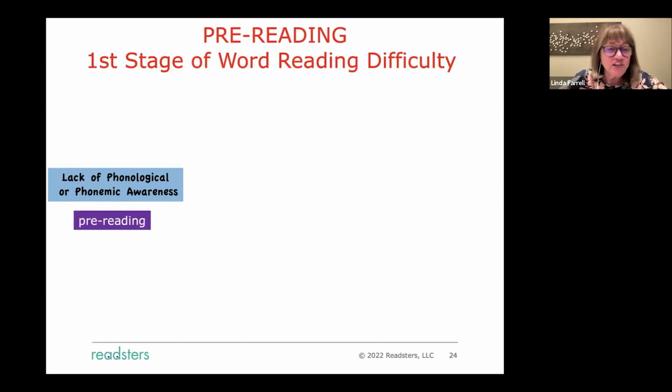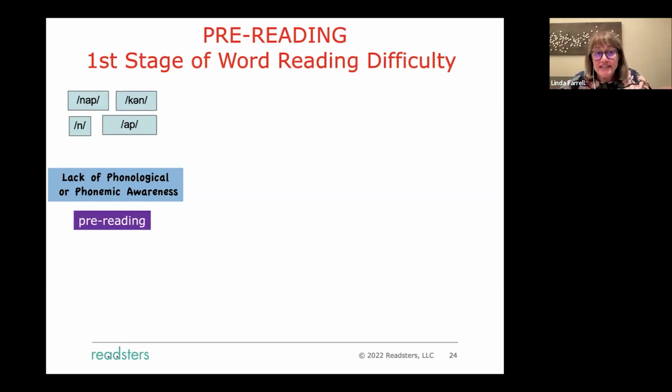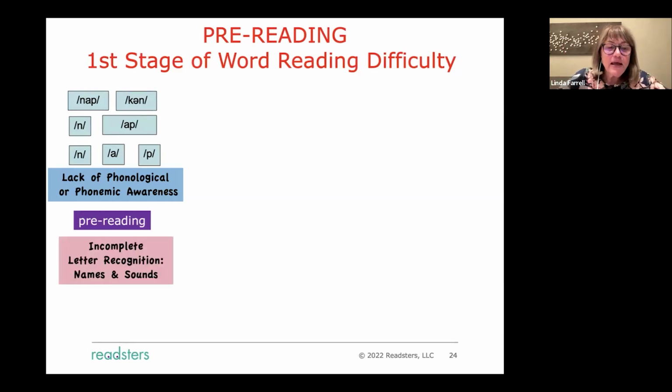So, lack of phonological or phonemic awareness. You could have that at the syllable level: can they recognize the syllables in napkin? At the onset-rime level, can they blend and segment app, nap? And at the phoneme level, we have to figure out where they are. Can they blend and segment app, nap, and then tell me which part is different?